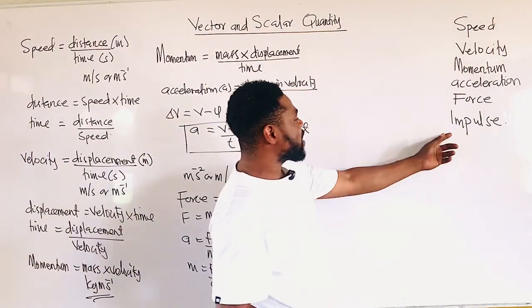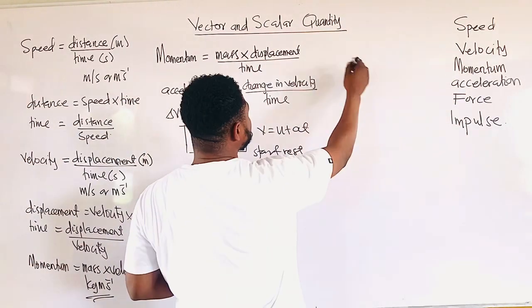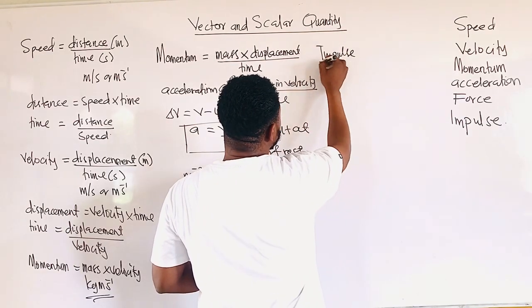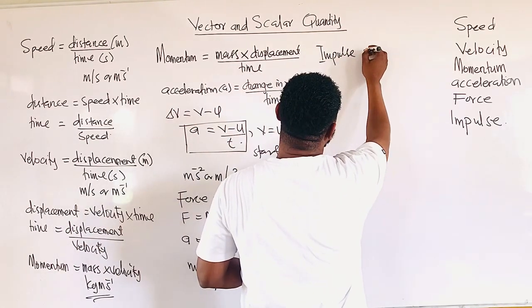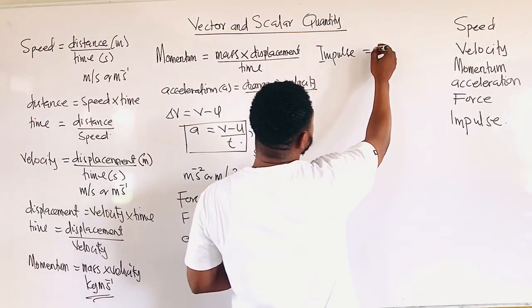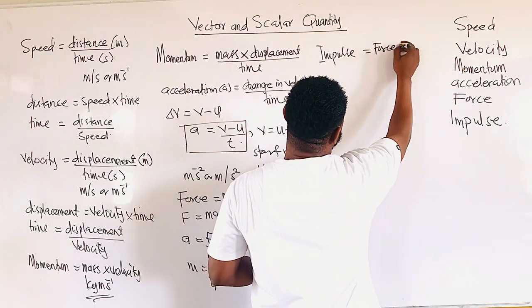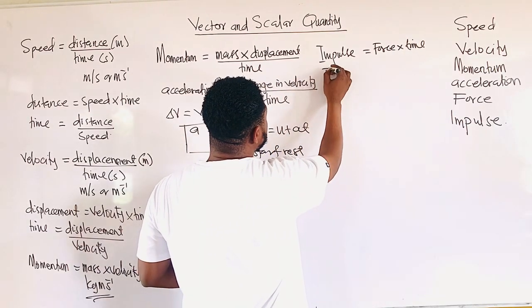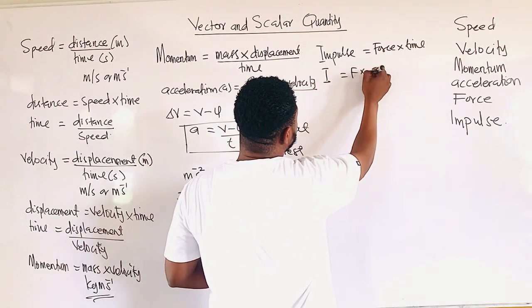Let us also look at another thing called impulse. Impulse is the change in momentum of a body, and mathematically impulse is equal to force times time. So we can see I equals F times what?